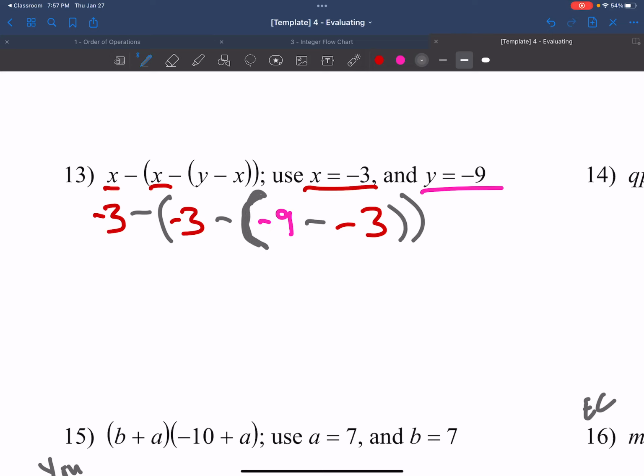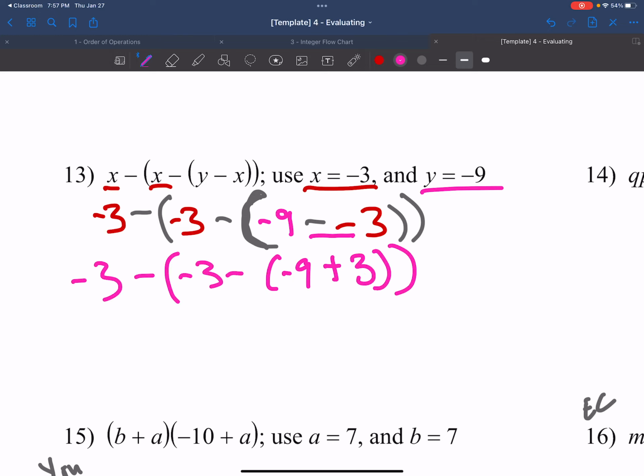So we've got to work from the inside out, and here we have two negatives next to each other, so really we have -9 plus 3 there. -9 plus 3 gives us a -6, so we have a -3 minus -3 minus -6.